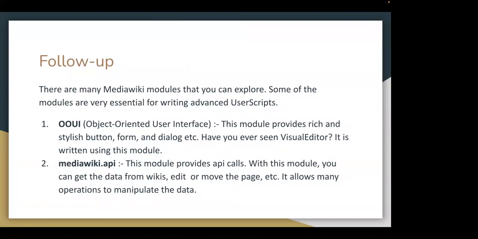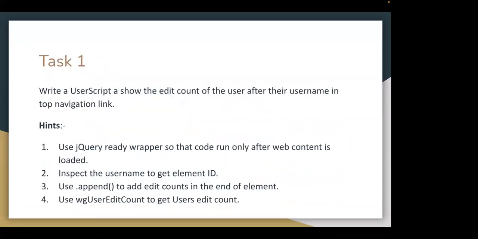Through the mediawiki.api module you can call the APIs through JavaScript. And OOUI is a kind of user interface library, in which we have buttons, forms, dialogs, etc. So these are some tasks that you can do after this workshop.